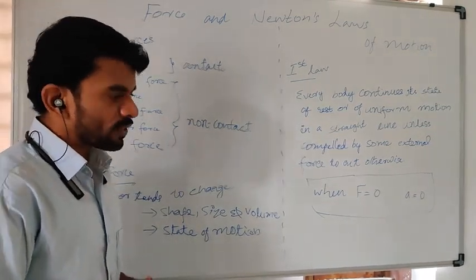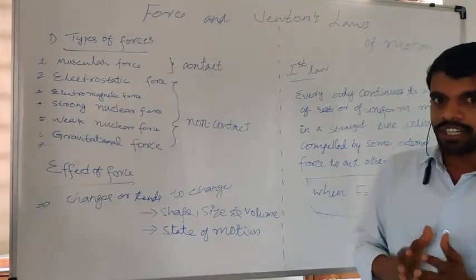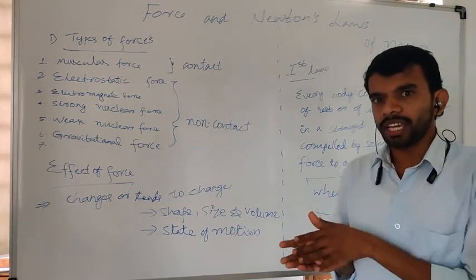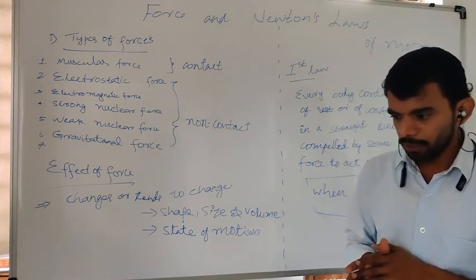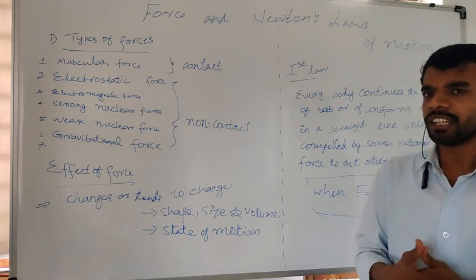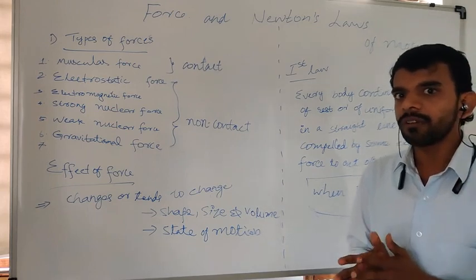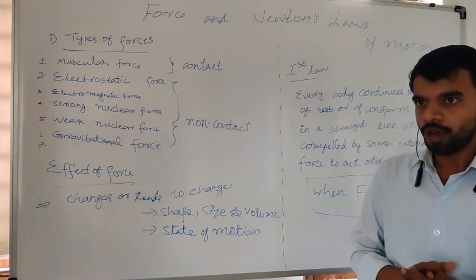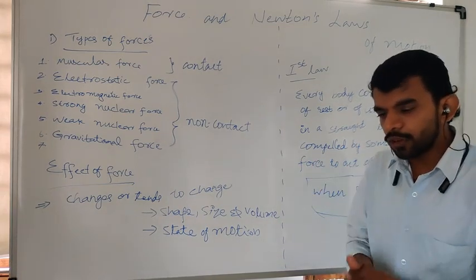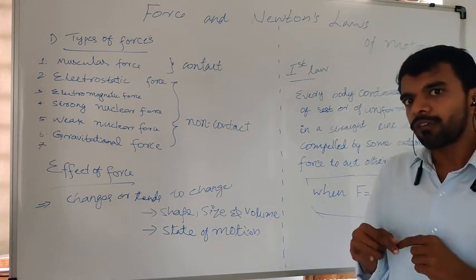Even before discussing the first law, I have to discuss external and unbalanced force. External means something outside. For example, you are moving in a vehicle and suddenly the vehicle breaks down, and the driver tells you to push it so that it may get started. Will you push the vehicle while inside it, or will you come out and push from outside?